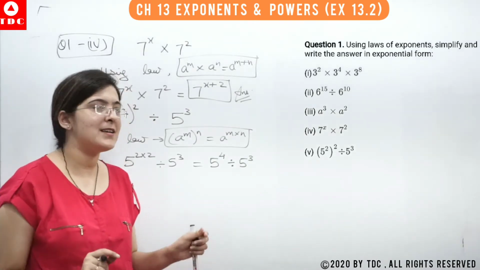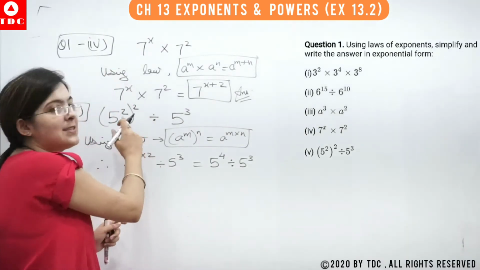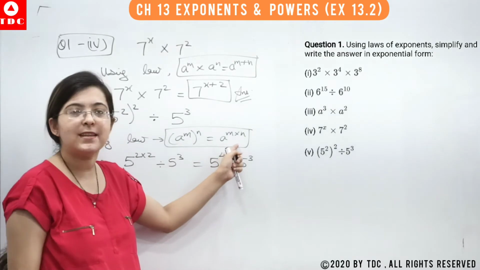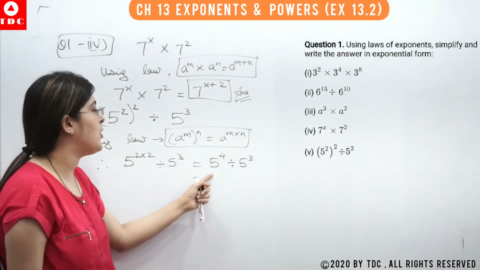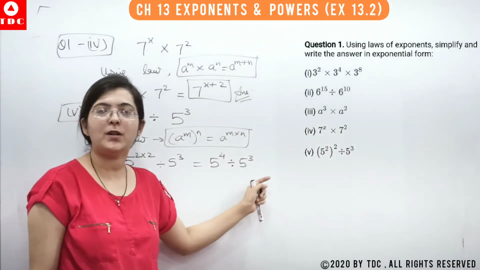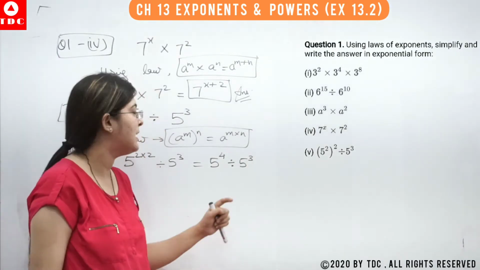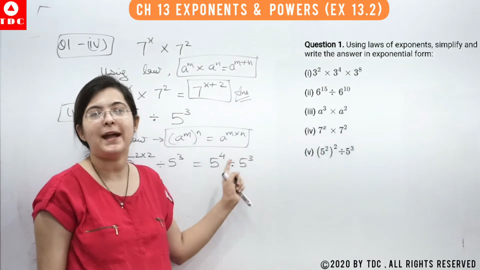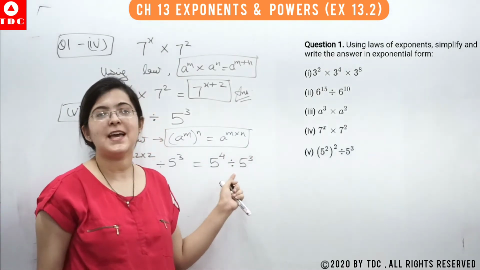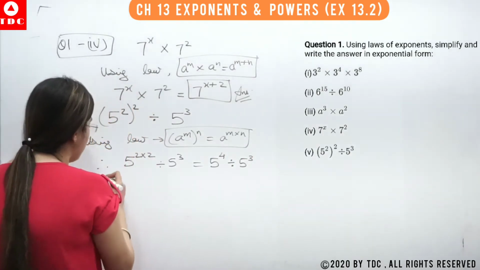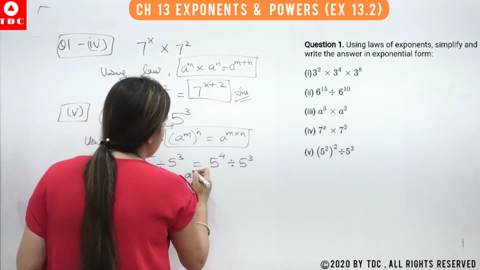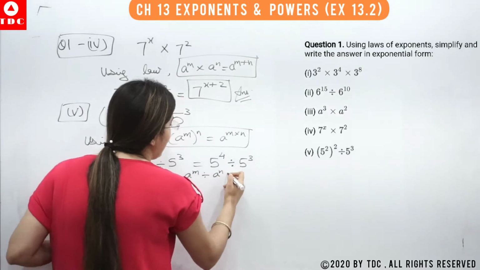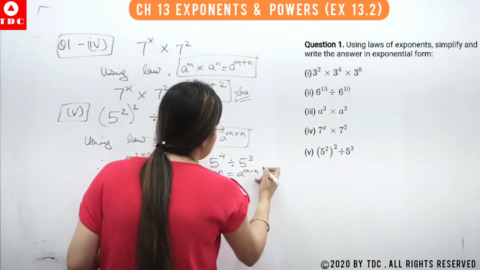What we did first was simplify this term by using the law that the powers would be multiplied. So now the question became 5 to the power 4 divided by 5 to the power 3. Again the base is same and there is a division sign, so we will use the second law. Using law a to the power m divided by a to the power n is a to the power m minus n.